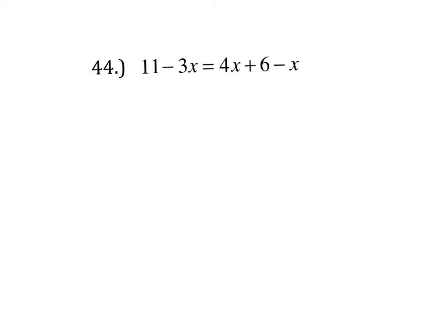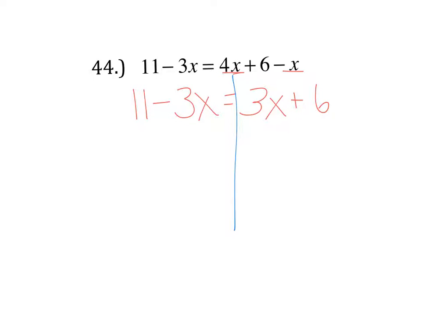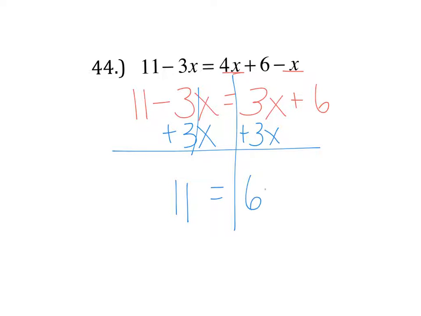Okay, we're going to jump to 44, where we have another example of having more than one x on a side of the equal sign. So I'm going to take a look at my right side, and I'm going to combine like terms. So we have 11 minus 3x equals 3x plus 6. I'm going to add 3x to both sides to get 11 equals 6x plus 6.